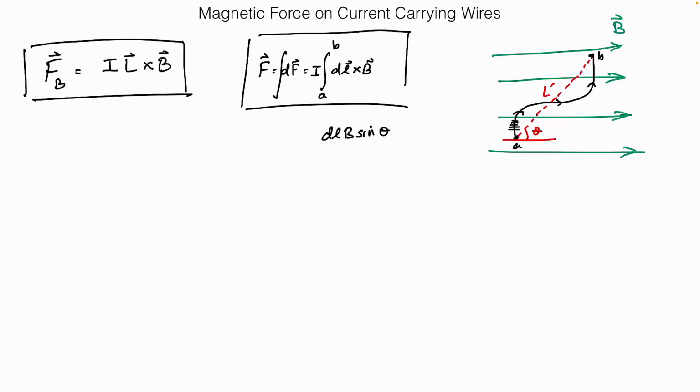And so if I know the angle there in red, then I can literally just calculate it and do an end run around the integral, which is why sometimes you'll see this equation written as IL prime, or some other symbol on that L, which indicates it's not the true length of the wire. It's simply the effective length of the wire in the field, like the distance from endpoint to endpoint in the field.